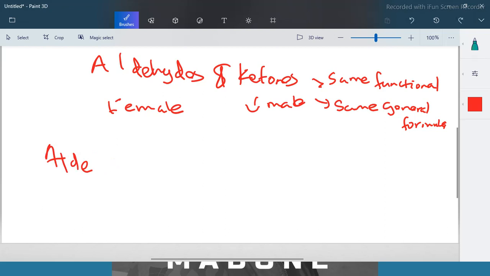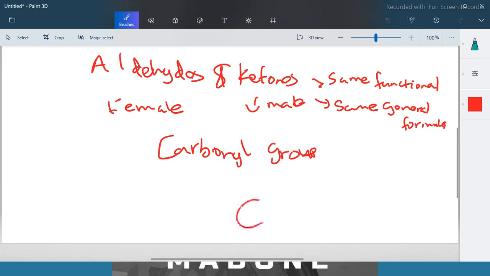Before I can do that, I have to first explain what is happening here. Aldehydes and ketones have a functional group called a carbonyl group, right? A carbonyl group is represented by something like this.